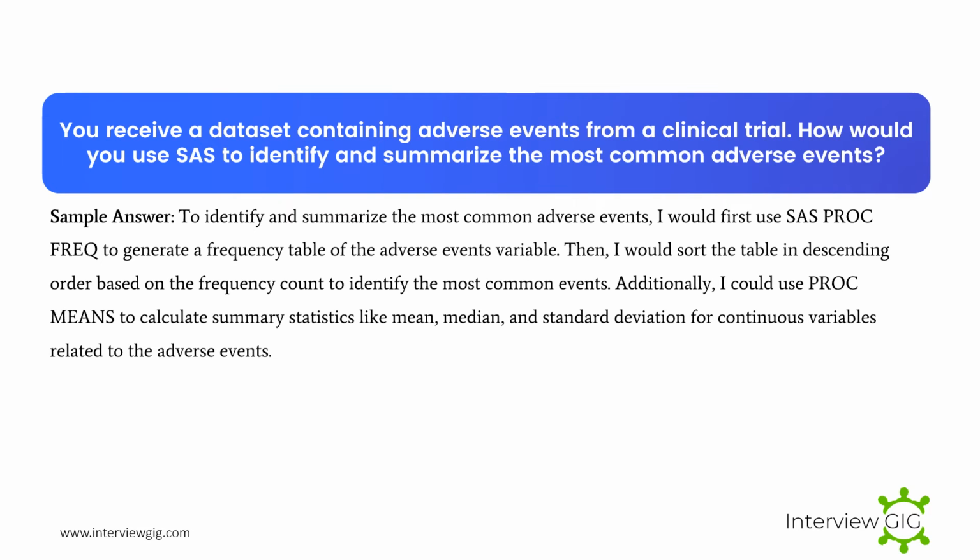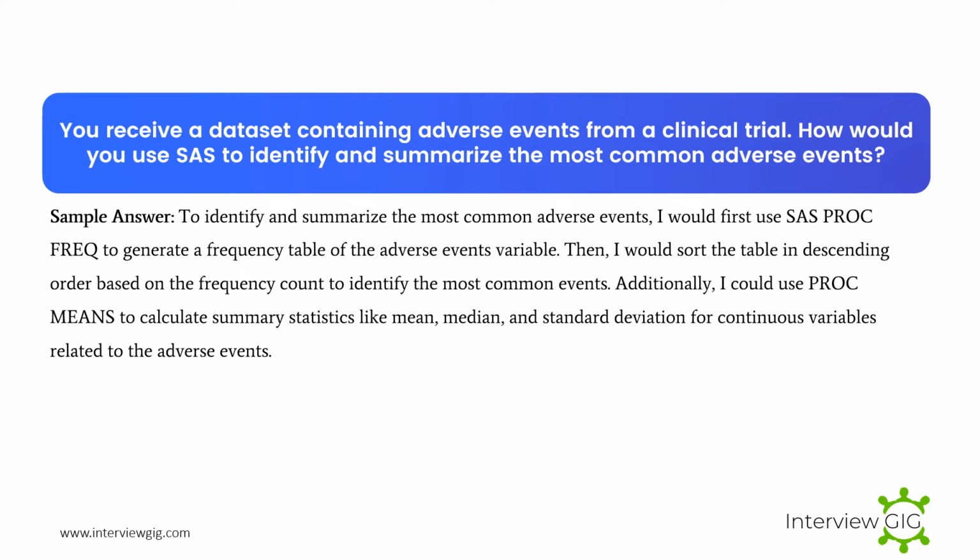You receive a dataset containing adverse events from a clinical trial. How would you use SAS to identify and summarize the most common adverse events? Sample answer. I would first use SAS proc freq to generate a frequency table of the adverse events variable.